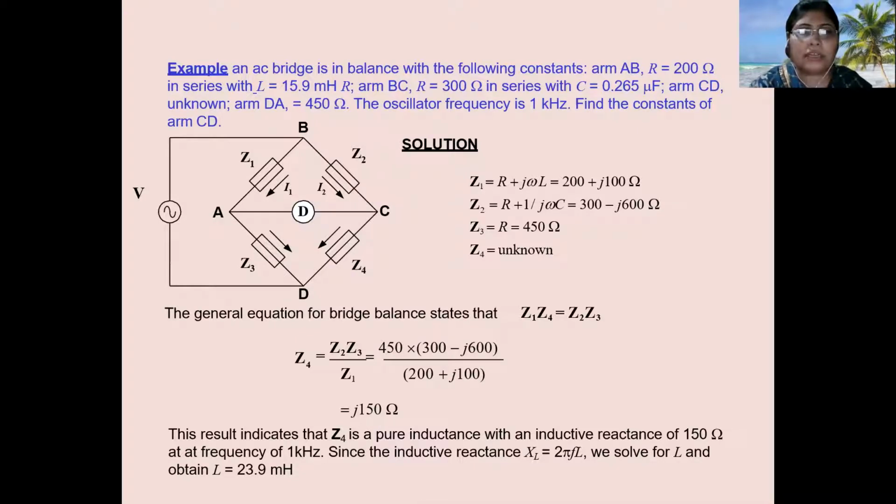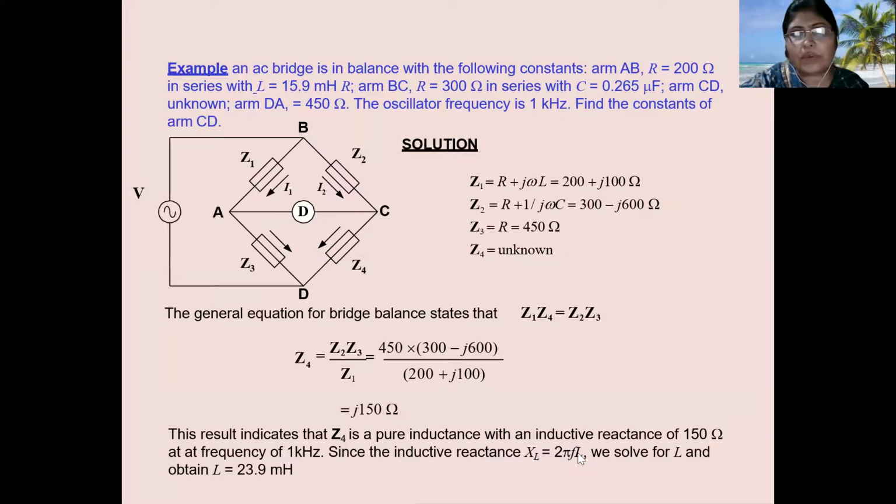This result indicates that this impedance Z4 is a pure inductor, since the resistance value is equal to 0. So this is showing the impedance value. I can write the value of the reactance XL equal to 2 pi f L. Now I can calculate the value of L. This L is equal to XL upon 2 pi f.